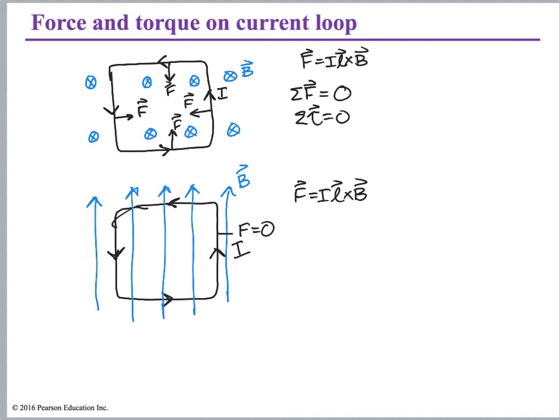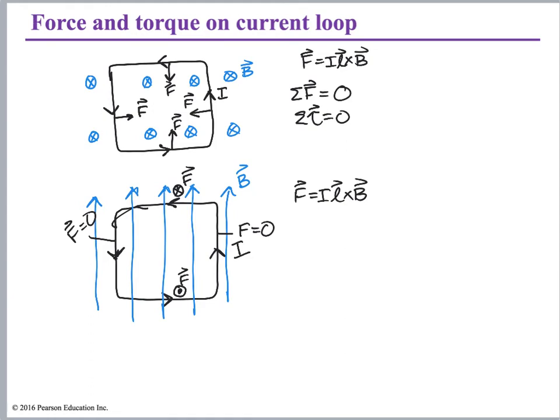Now when I do the top, with the right-hand rule, I point my fingers to the left and curl my fingers up, and my thumb had to point into the page, so on the top, I have a force that goes into the page. On the left-hand side of this loop, the current and the magnetic field are anti-parallel, so there's no force over here. And finally the bottom, when I do I L cross B, I get a force coming out at me.